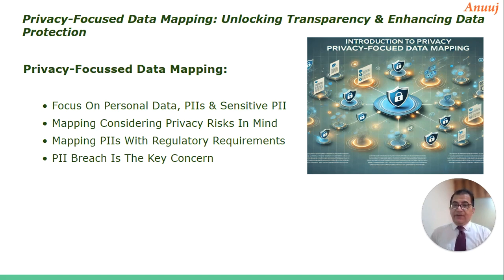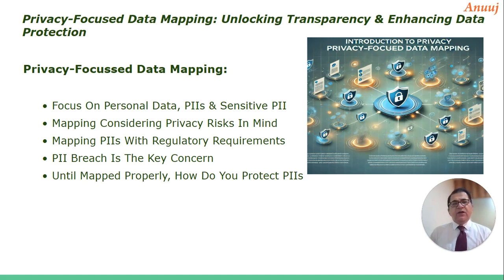The breach of PII is a big concern, so you need to be very careful about it. Until you are properly aware of what you collect, how you use it and how you destroy it, how do you establish a mechanism to protect it? Not only from unwanted destruction, by the way, deletion, but also from the safety net around third-party access and breach as such, hacking, right?